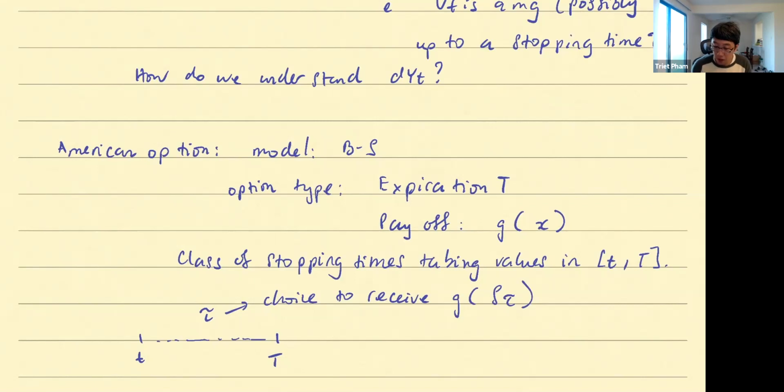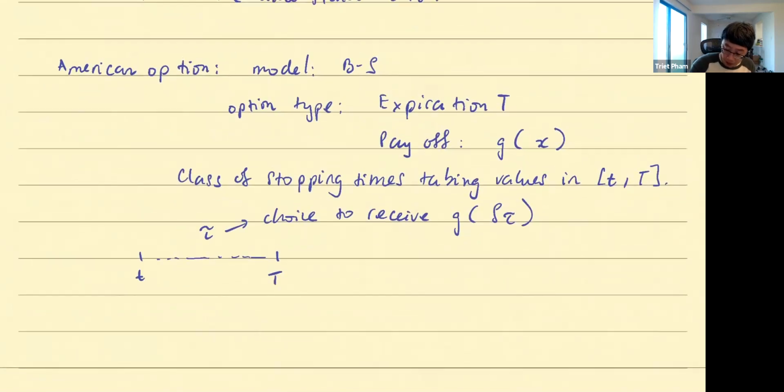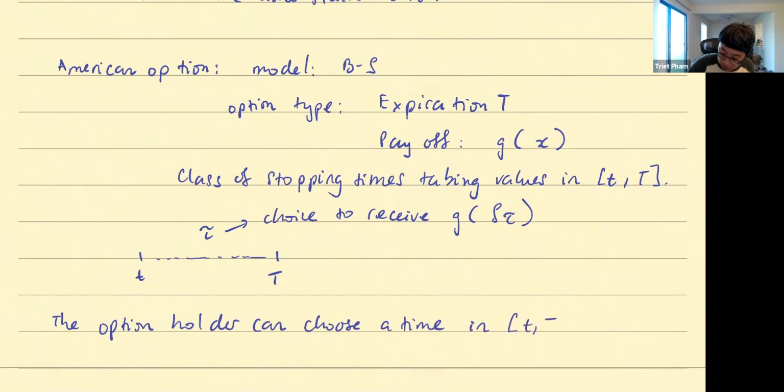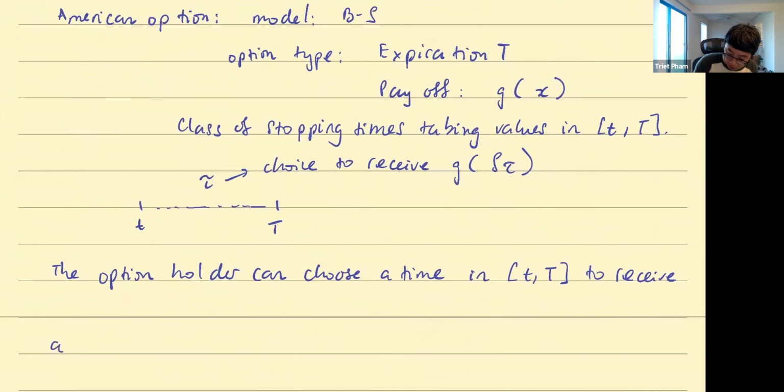So in other words, in English, an American option holder can choose a time between t and big T to receive an amount, where G is our payoff function.